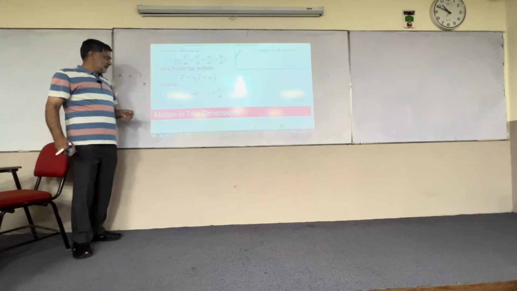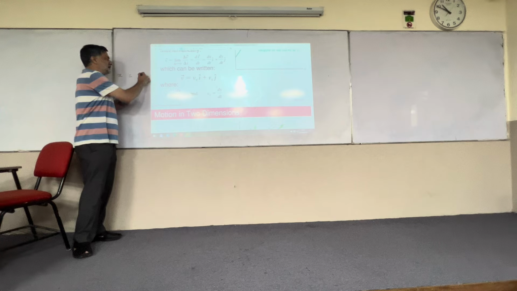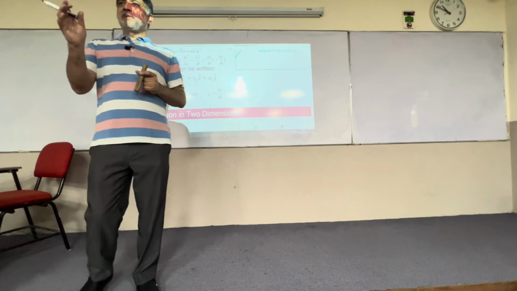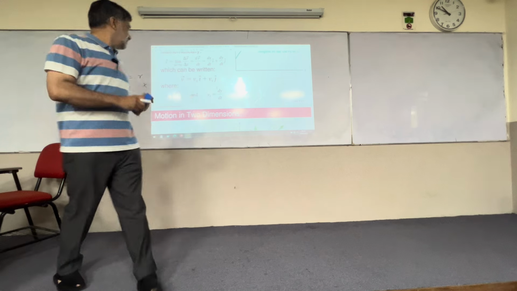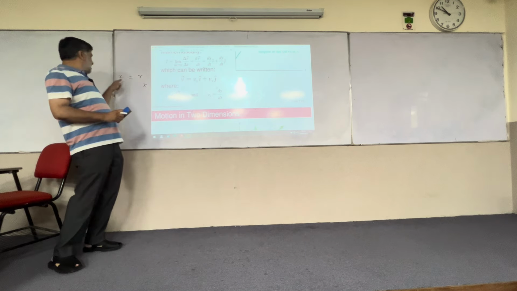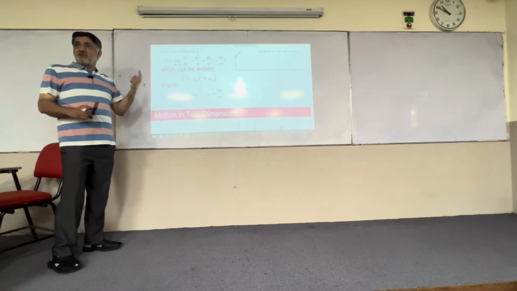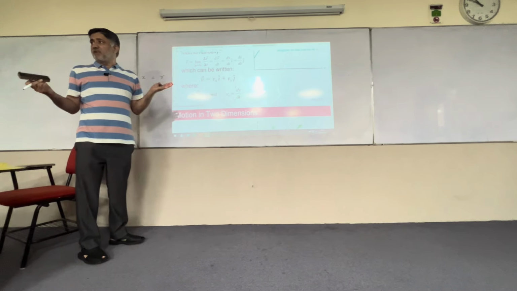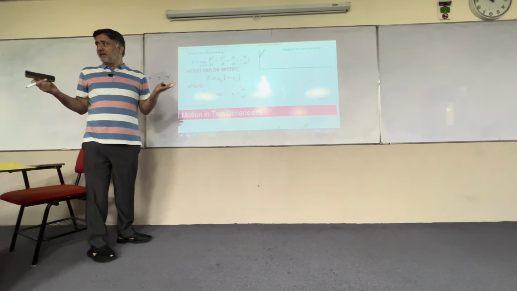Just like, this is the position vector, right? The position vector is the only vector which doesn't need to be written explicitly. The x component, because that's how we define x. X is a coordinate, so whether you write rx or whether you write x itself, they both will have the same meaning, right?